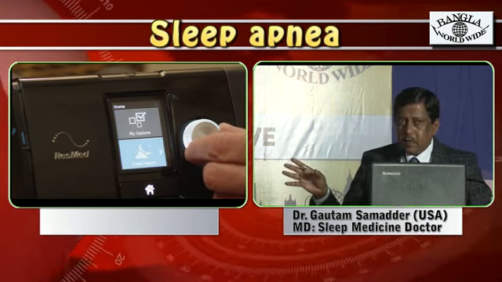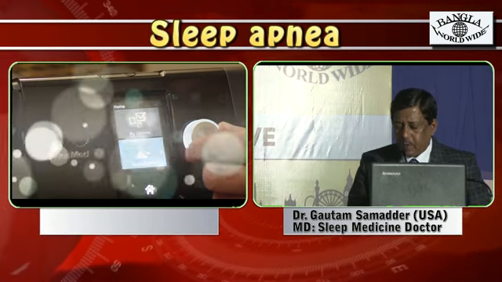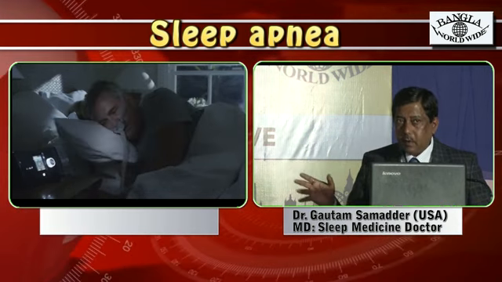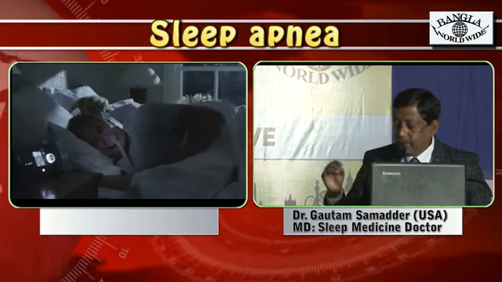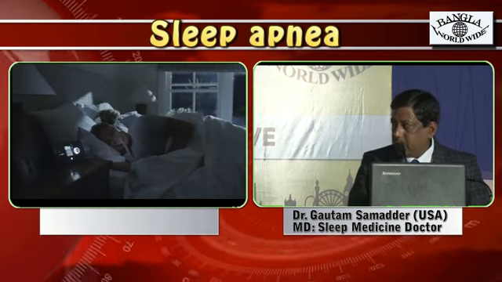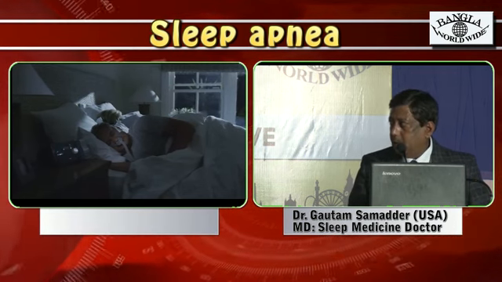But as you can see, it's very, very difficult for a sleep apnea patient to use this mask for the whole night. So for a long time we were researching what is another good alternative, where if you cannot use a CPAP, what can be the next alternative.